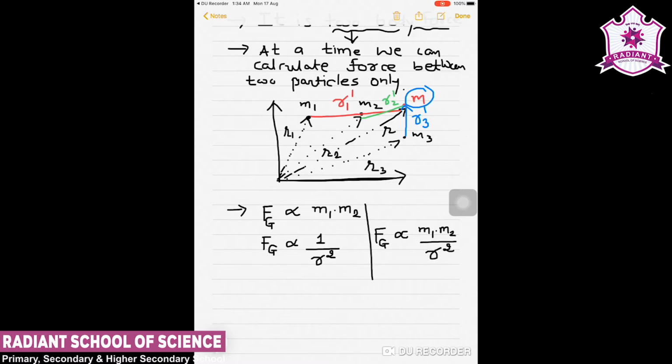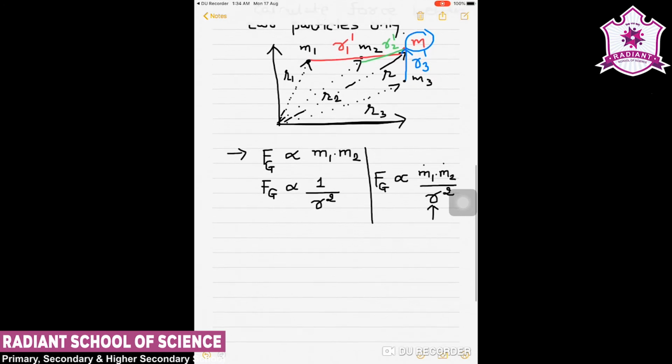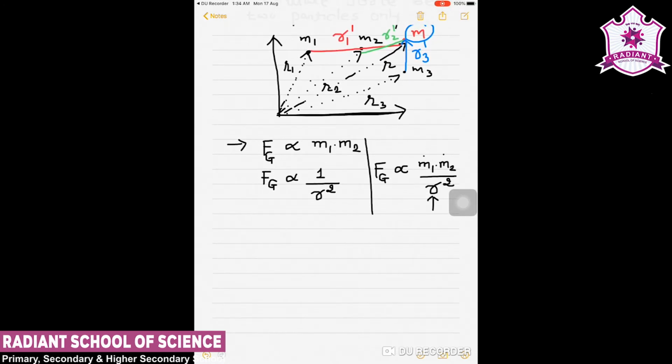Here r is the distance between these two particles, that is m1 and m2.